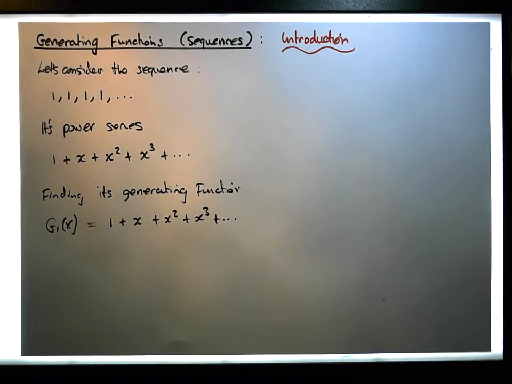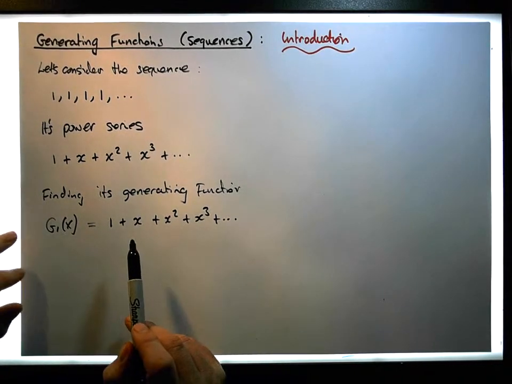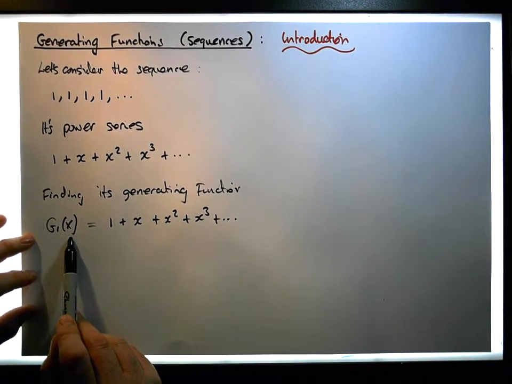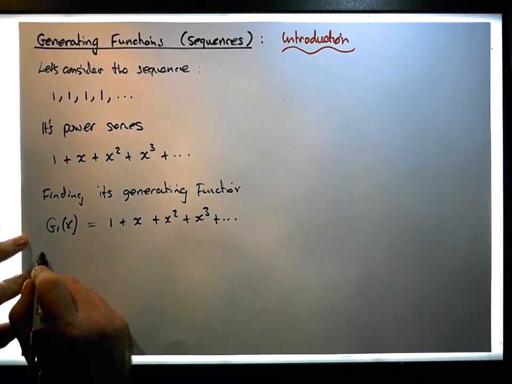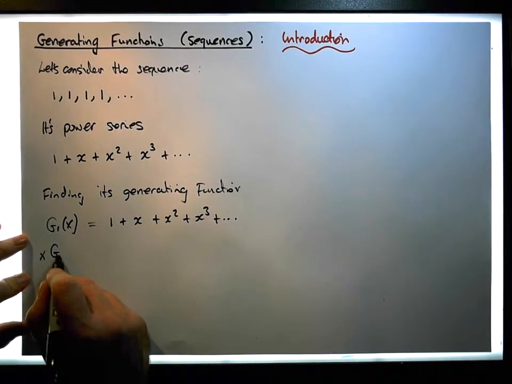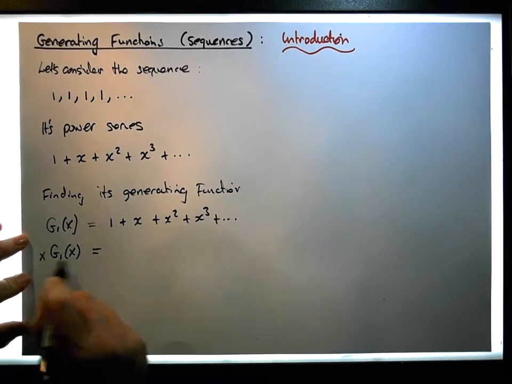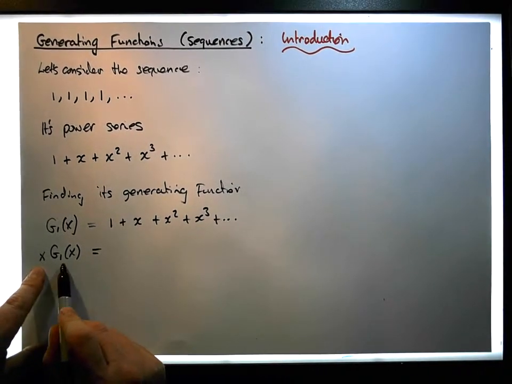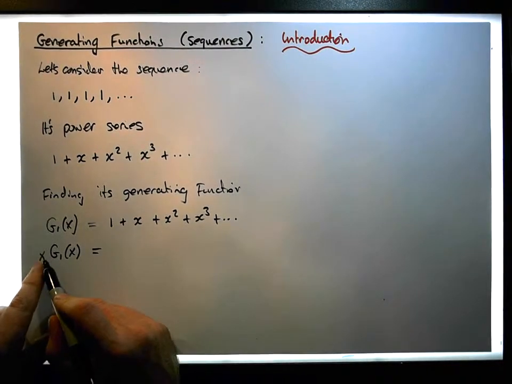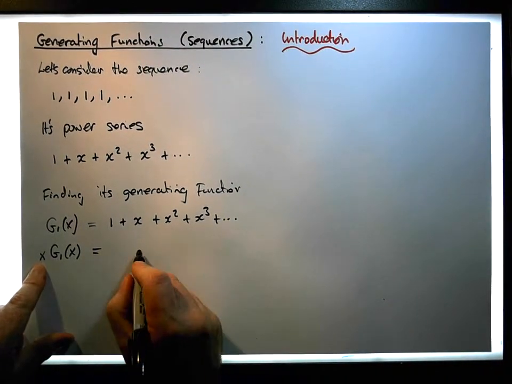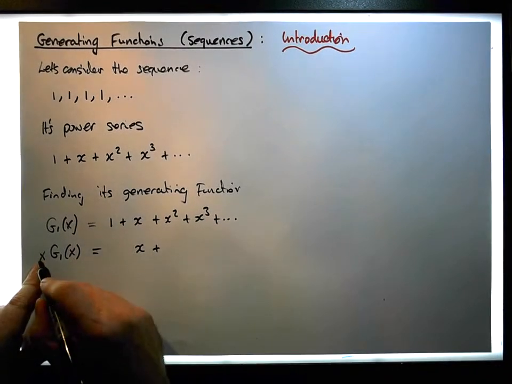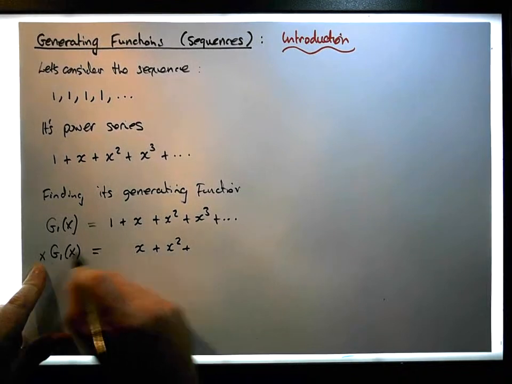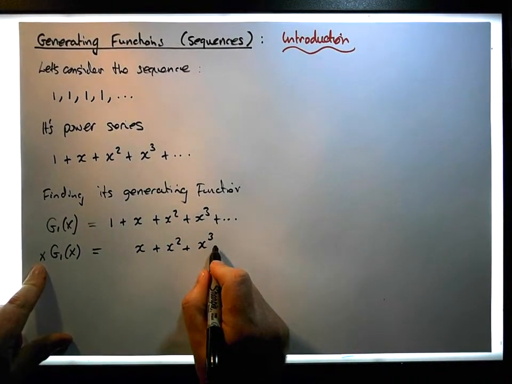What we should notice is that if we multiply this power series by x, so x times g1 of x, we multiply each term in the series by x. x times 1 gives me x, plus x times x gives me x squared, plus x times x squared gives me x cubed, plus, and so on.